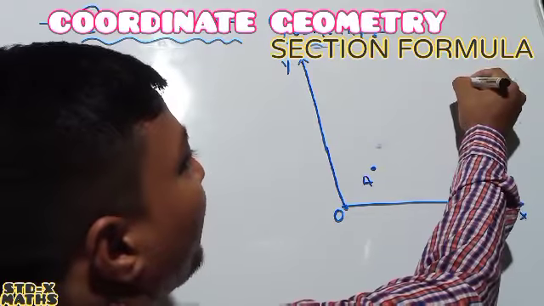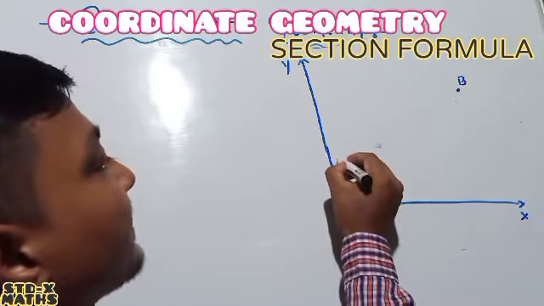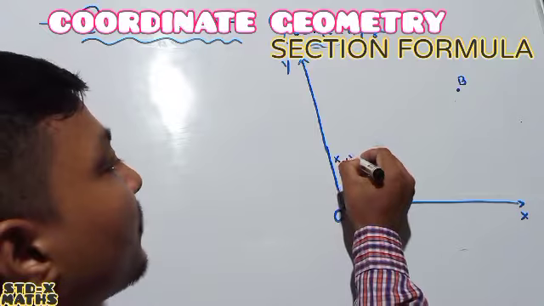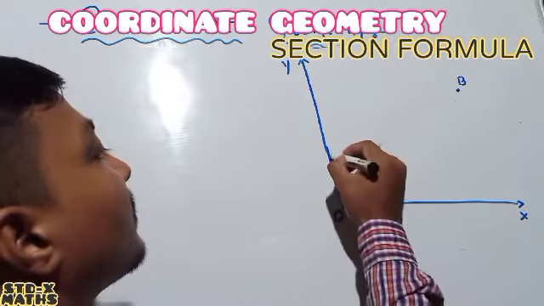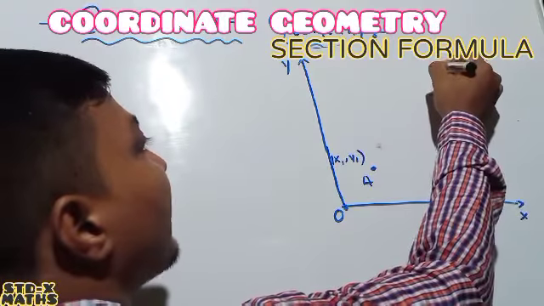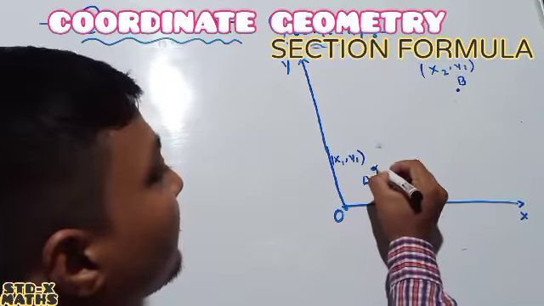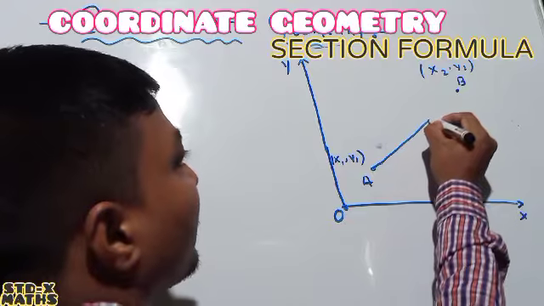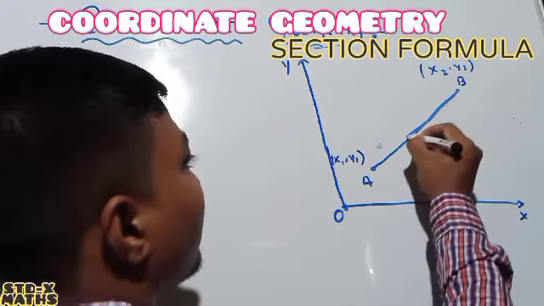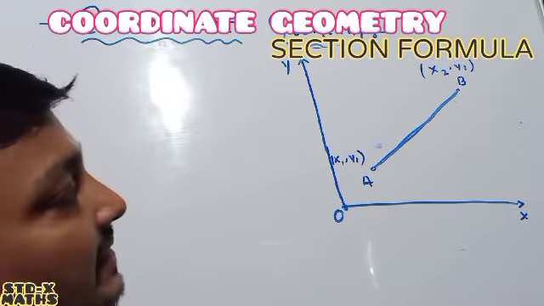Suppose this one is B, with coordinates x1, y1, and the other with coordinates x2, y2. Here is the distance AB.